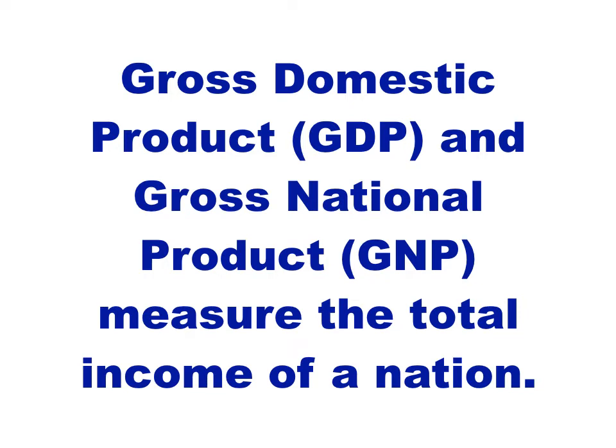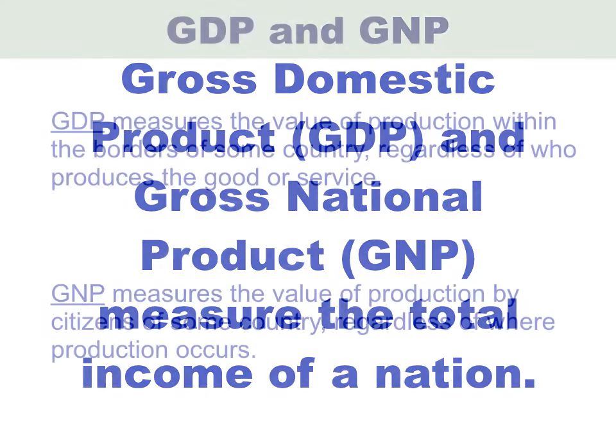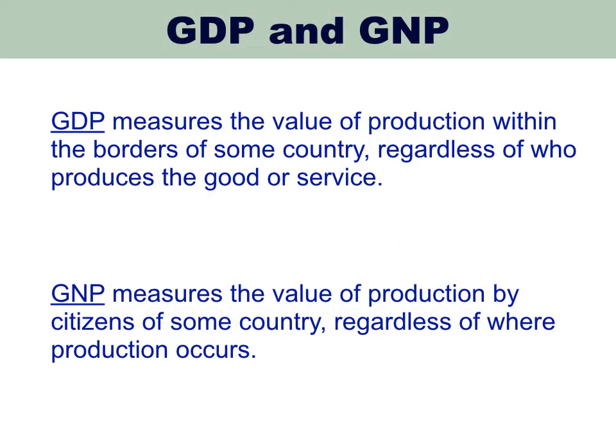When we're measuring income of a country, we have two measures. The first is gross domestic product, and the second is gross national product. Gross domestic product is telling us about how much is produced within the borders of a country.